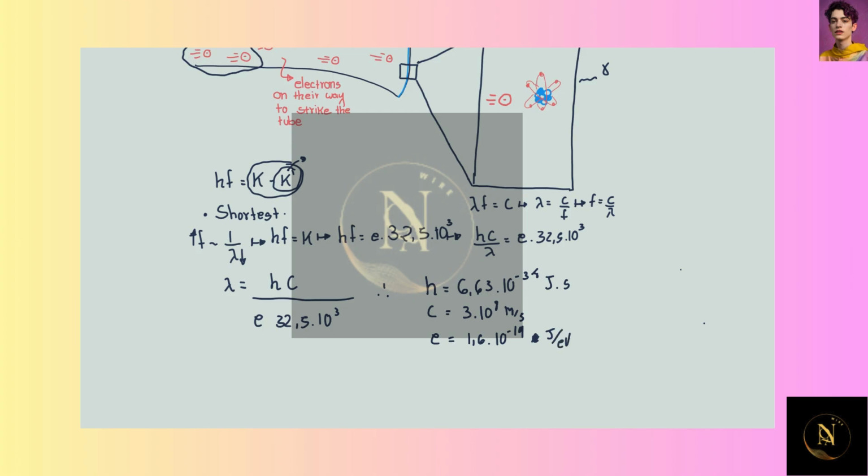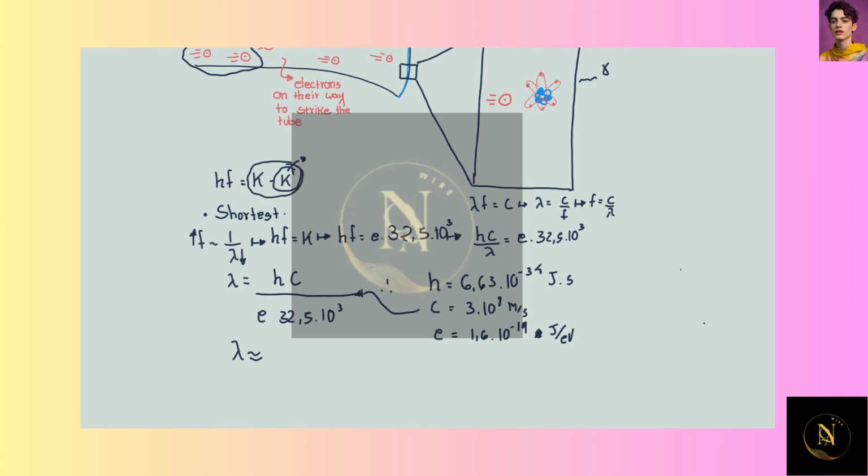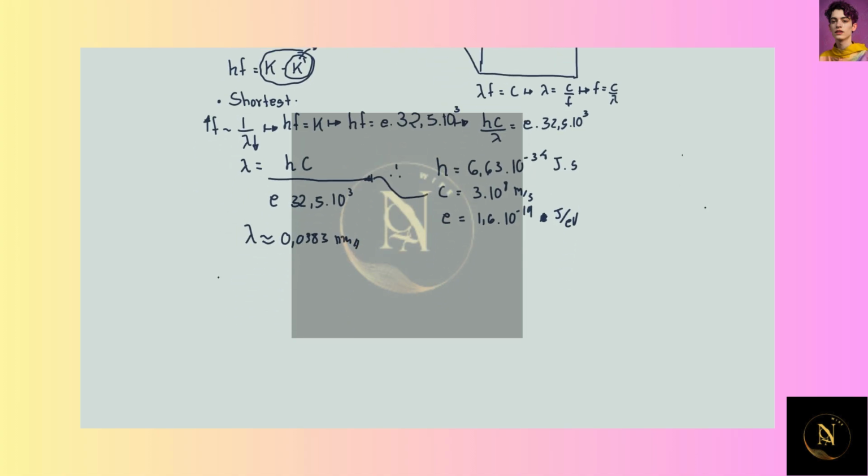Then, by plugging these values into the equation for lambda, we get that lambda is approximately 0.0383 nanometers.